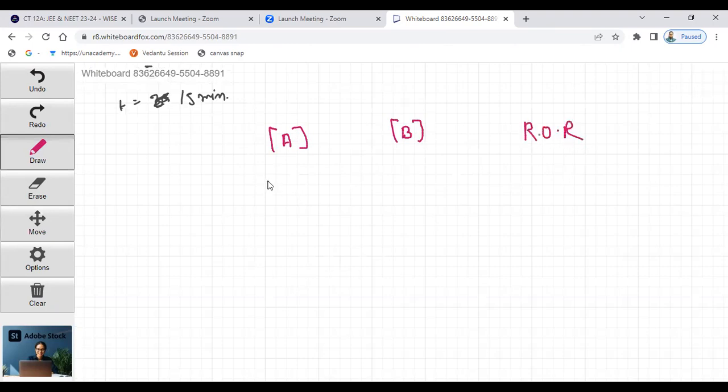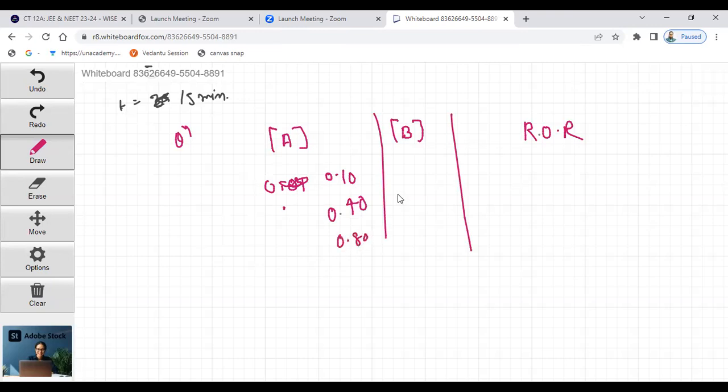The first A value will be equal to 0.10. This is the question: concentration of A, concentration of B, and the rate of chemical reaction. The third value will be 0.80. In the question, it is mentioned that this value will be 0.20.